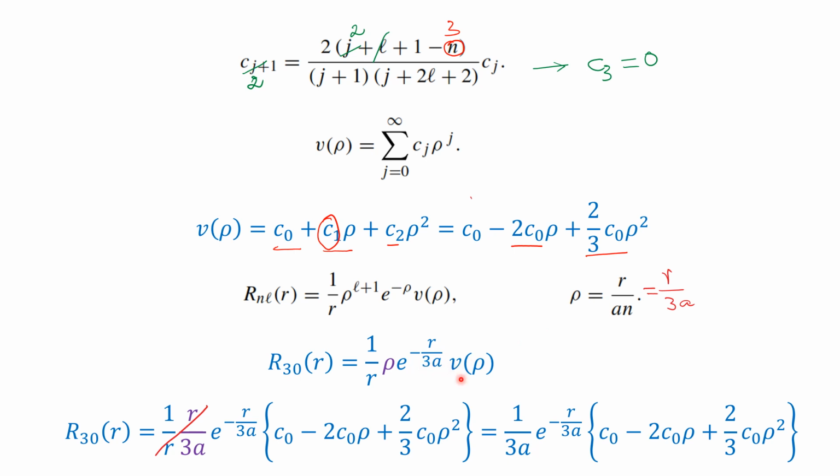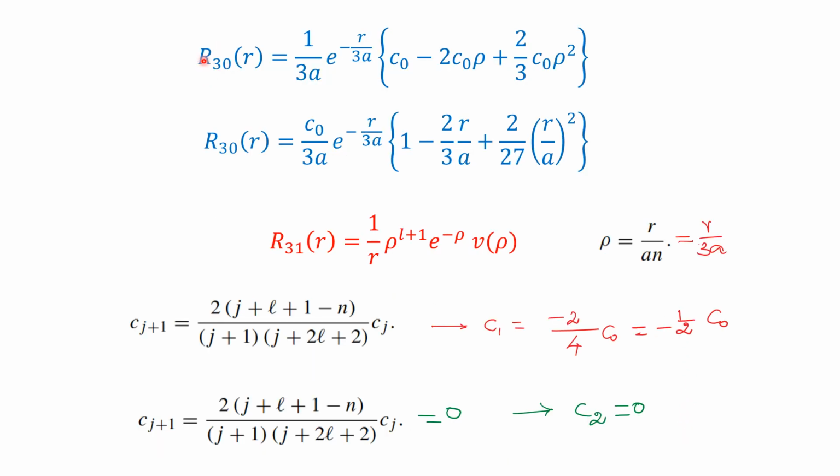For v of rho we have only three coefficients: c naught minus 2 c naught rho plus 2 by 3 c naught rho squared. The r will get cancelled, so this becomes 1 over 3a exponential minus r over 3a times c naught minus 2 c naught rho plus 2 over 3 c naught rho squared.